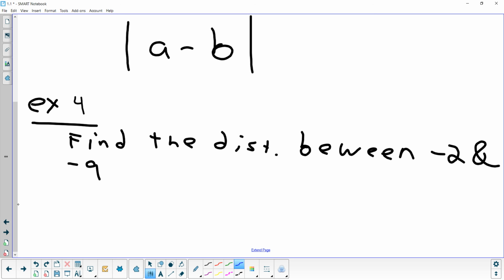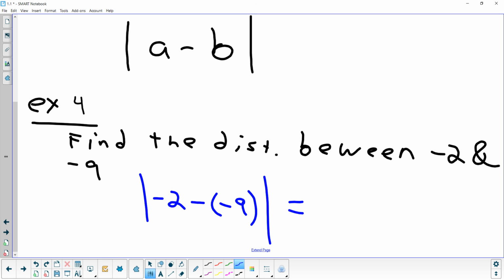Right, so Casey, if I was gonna find the distance between these two points, can you fill those numbers into that formula above? And just tell me what I would write down. -2 plus 9. Yep, -2, keep going. Minus 9. Minus -9. Okay, anything else? Oh, and the absolute value. Yeah, we want to put those absolute value bars, even though the order that Casey gave it to me in is not going to make a difference.